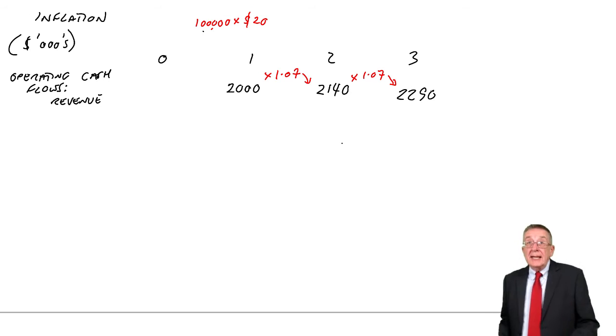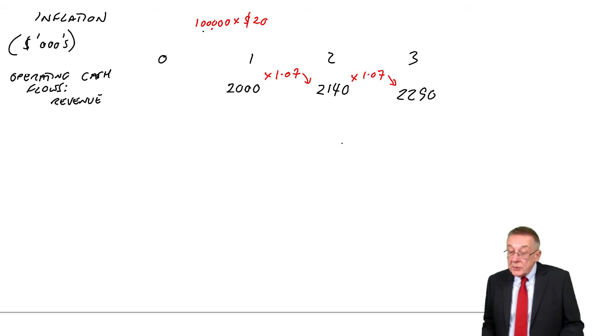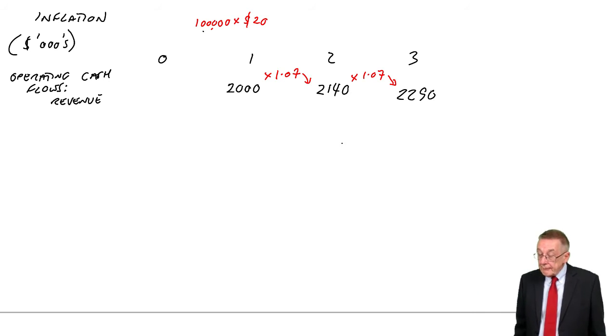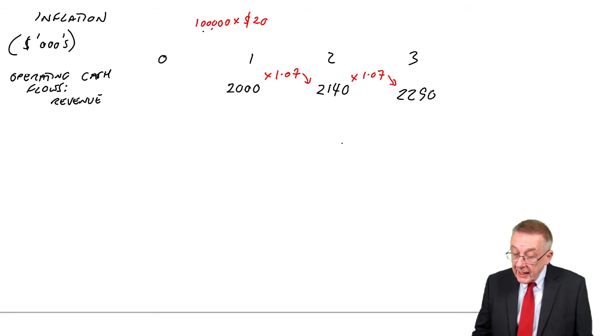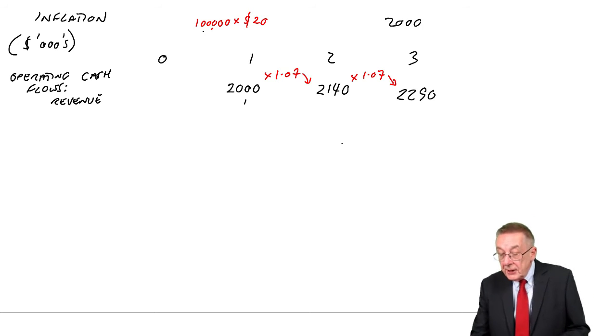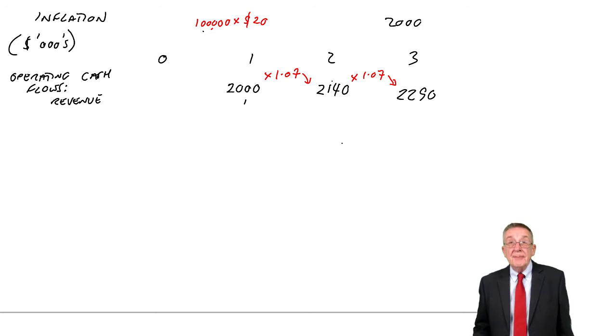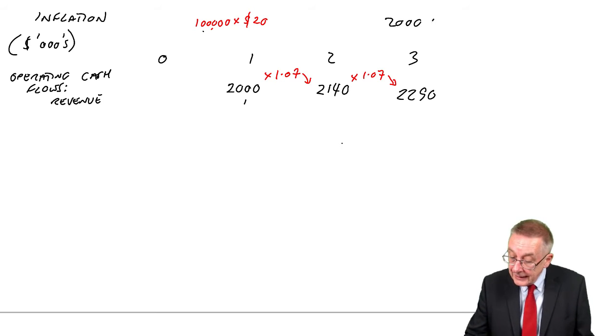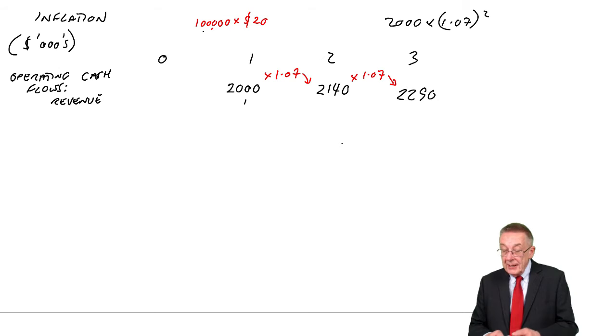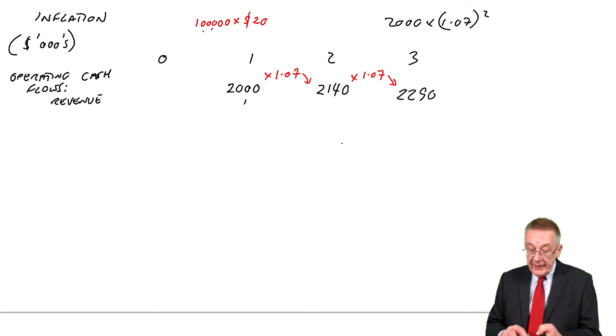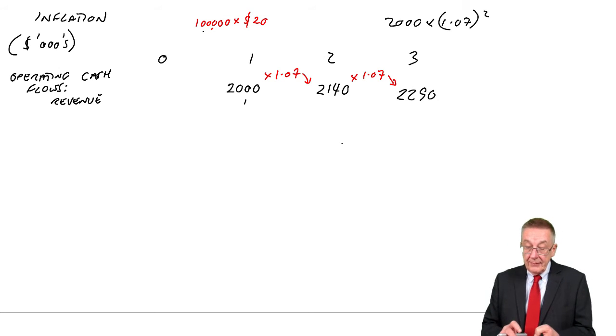So we're inflating at 7% per year. And do notice, incidentally, it doesn't matter here, but could be relevant in other cases, the 2,290 was 2,000 multiplied by 1.07 twice, there have been 2 years of inflation at 7% per year. And of course, exactly the same figure.